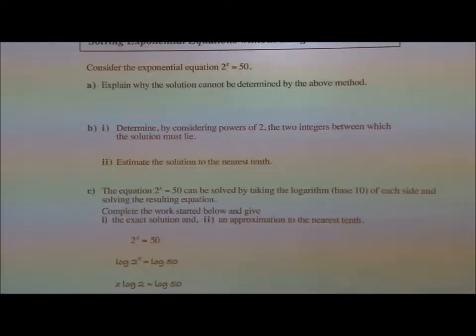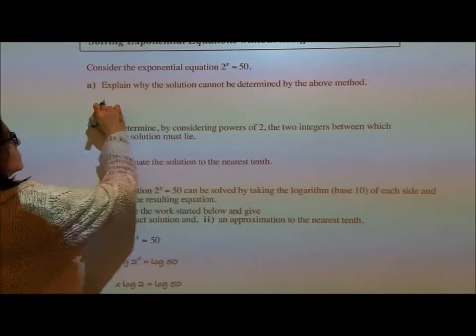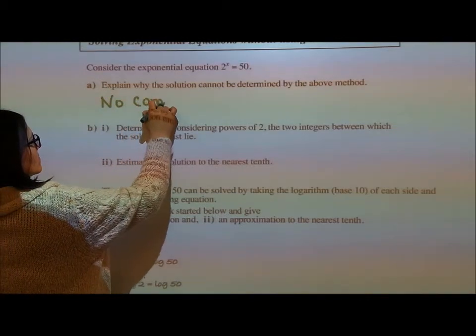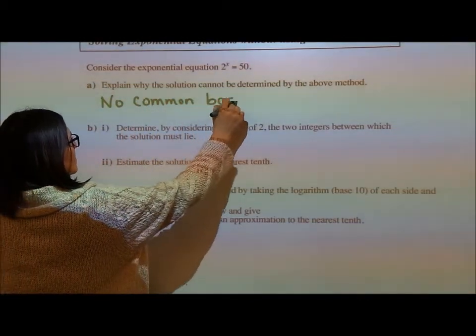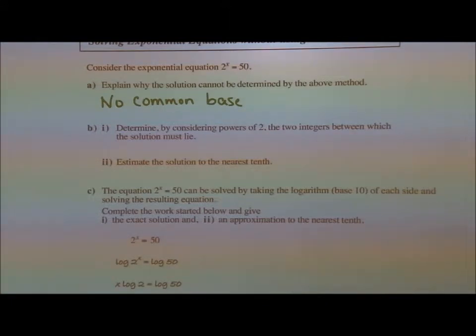Now if we go to 2 to the power of x equals 50, what happens if we try to use the above method to solve this question? There's no common base. I cannot easily go 2 to the power of this equals 50. It says, determine by considering powers of 2 the two integers between which the solution must lie.